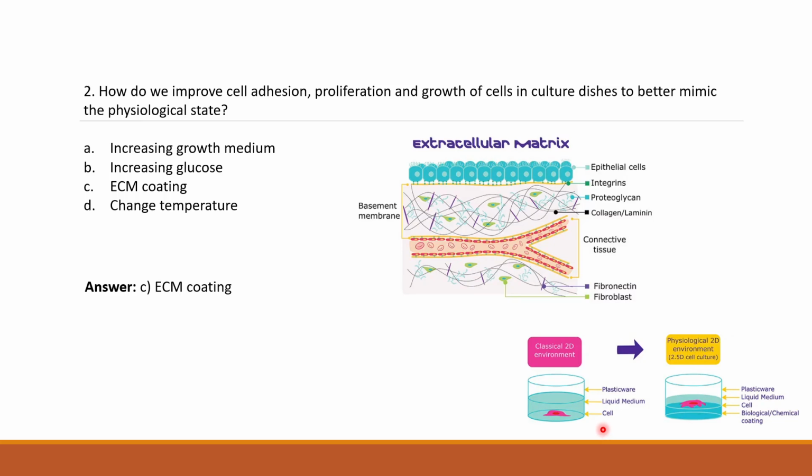Why this is very important is you can see here in your classical 2D environment, that is nothing but your cell culture plate or your 96 well plate or your 100 dish or T25 flask. You have your bottom, usually a plastic or a glass bottom.